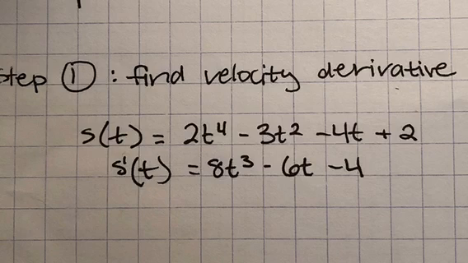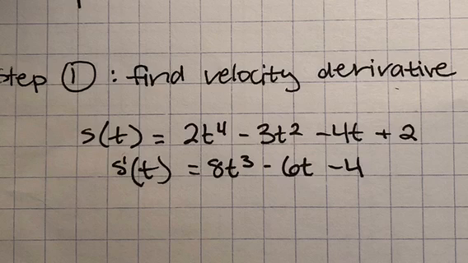Step 1. Find the velocity, which is, as we have learned, the first derivative. So you have the function s of t equals 2t to the fourth minus 3t squared minus 4t plus 2. Applying the same rules in finding derivatives, you bring down the 4 times the 2, so you get 8t to the third.